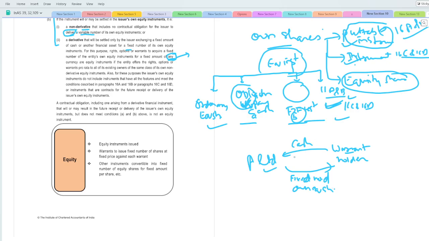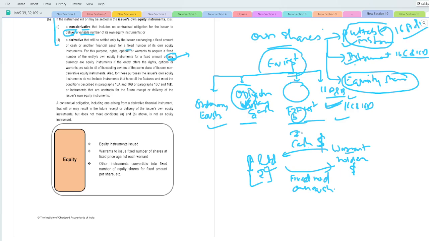So here in any currency, if A Limited has a reporting currency of rupee, and this warrant is given to a warrant holder who resides in the US, he will be paying in USD. If he is paying in USD, then you need to convert it into rupee, correct?